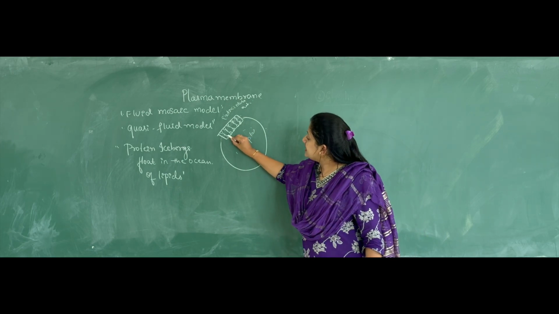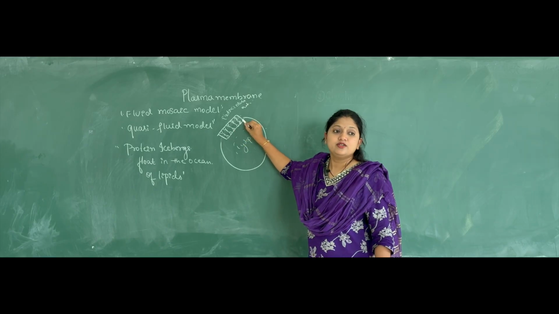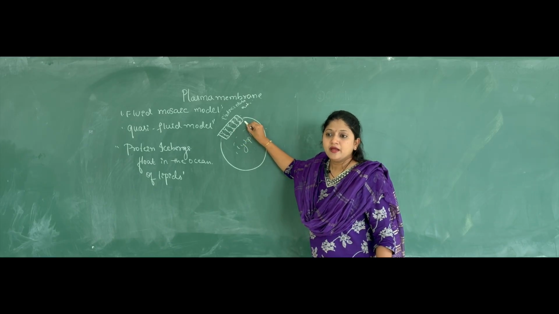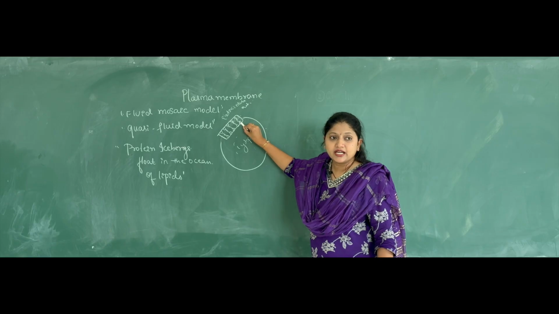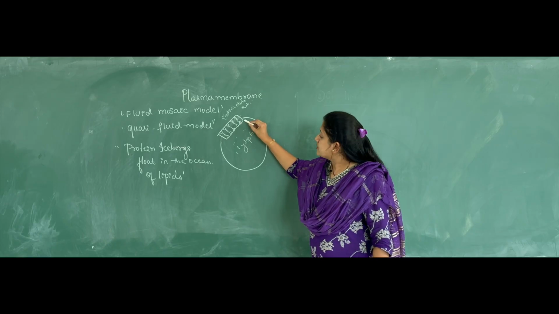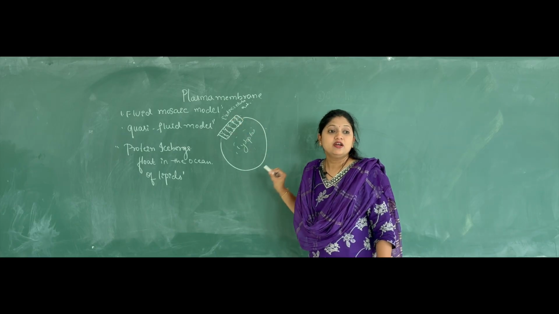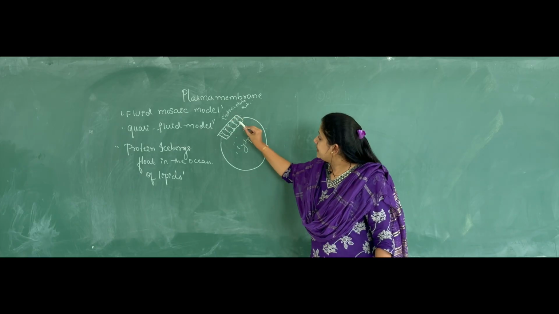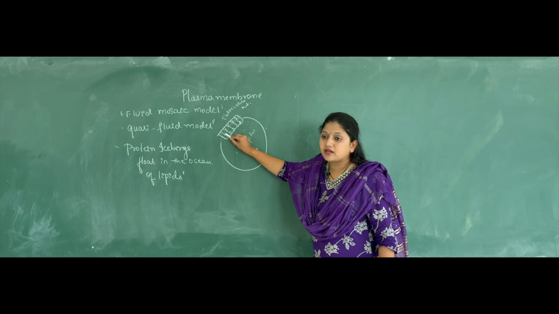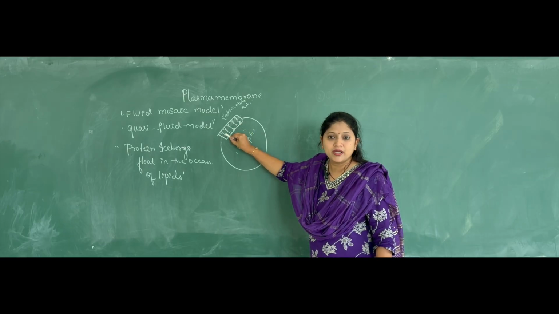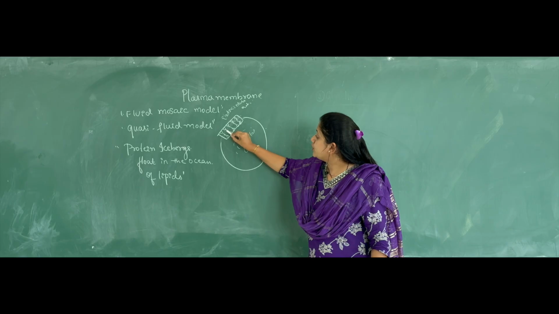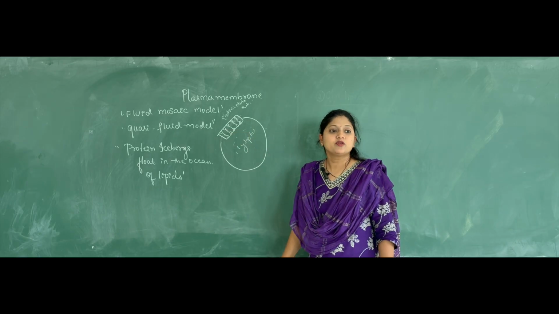So these heads are usually hydrophilic. So heads are hydrophilic, that means they are water loving. So they are exposed to the surfaces which are connected to the water. Whereas tails are hydrophobic and non-polar. So they should not be in connection to the water.